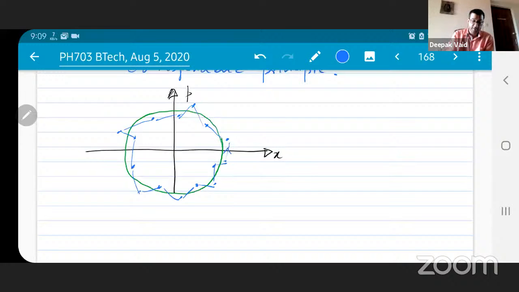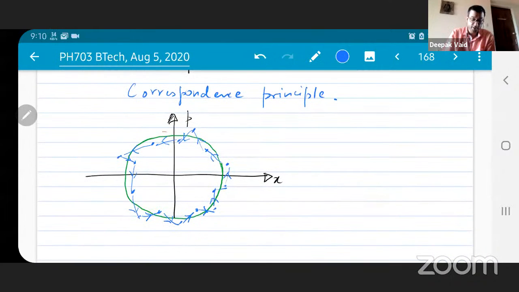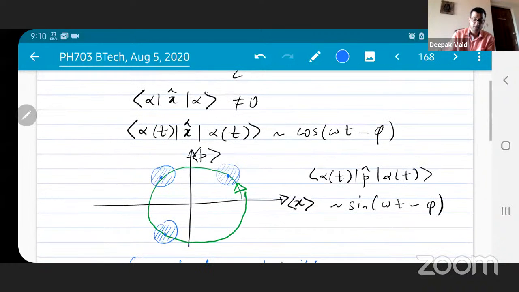Of course, then you can ask the question, well, when I make this measurement, will the state not collapse? Will it still remain a coherent state? These are all very interesting questions, and maybe we'll talk about them at some point. But the point is that if you take many such measurements, the average of all such trajectories will end up looking exactly like the classical trajectory.